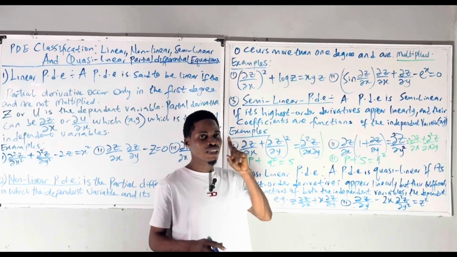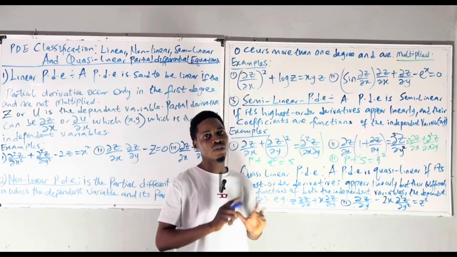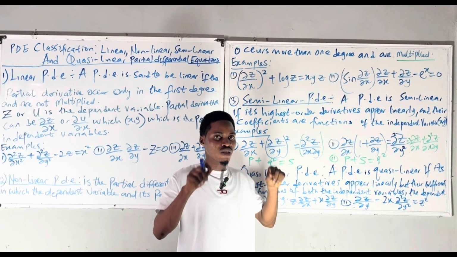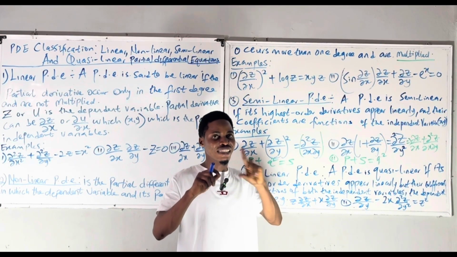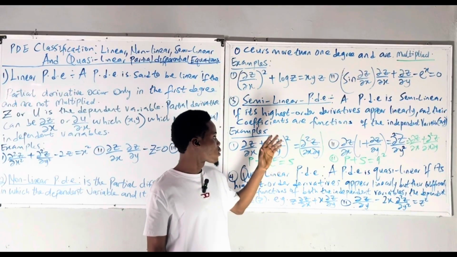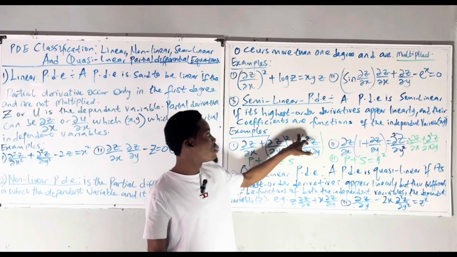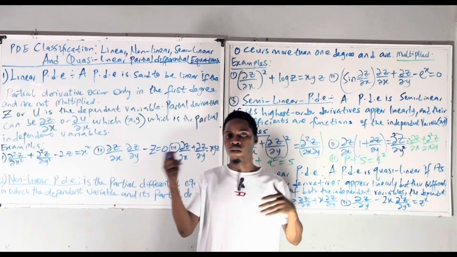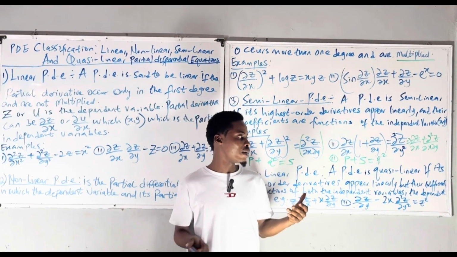But if it is not the dependent variable, only the independent variable, and the degree of the highest order is linear, you classify it as a semi-linear PDE. This is just about linear, non-linear, semi-linear, and quasi-linear.